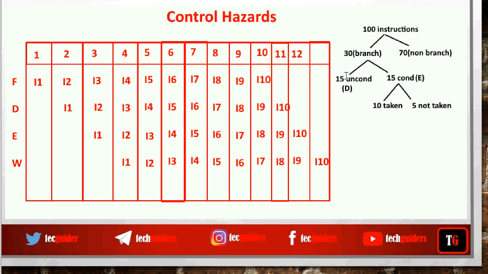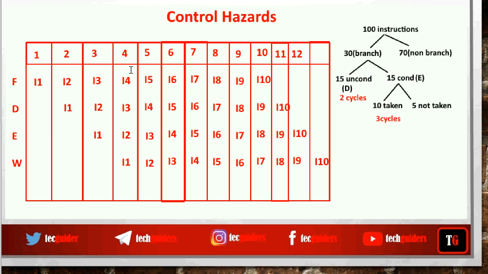So there will be 15 instructions processed out in 2 cycles because the branch target is decided in stage 2. Thus 15 instructions are processed out with 2 cycles. And for the conditional branches, if the branch is taken, then there is wastage of CPU cycle. There are 10 such branch instructions, hence 10 instructions will be processed out in 3 cycles because here the branch target is decided in stage 3. Thus 10 instructions processed out in 3 cycles.